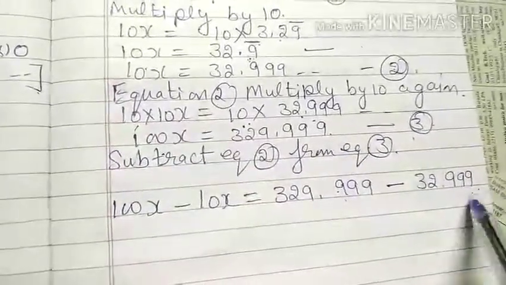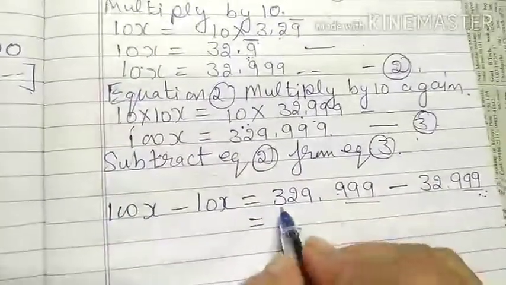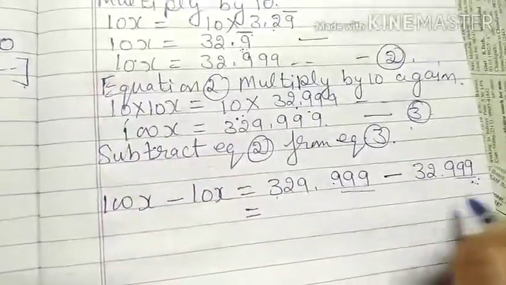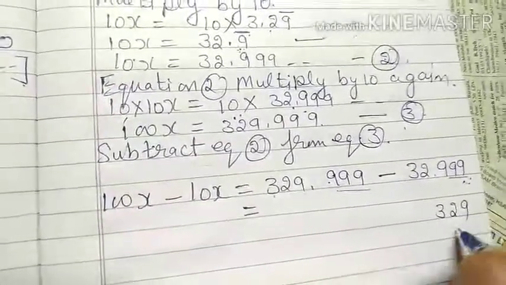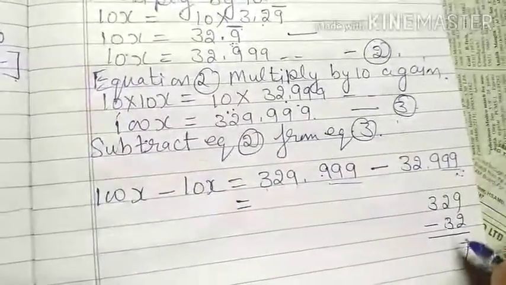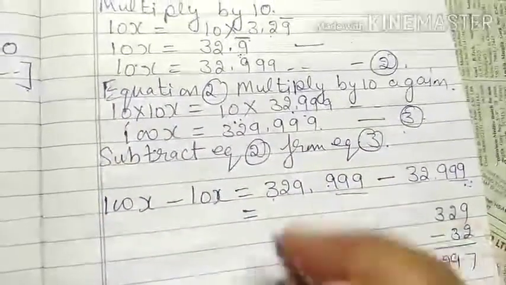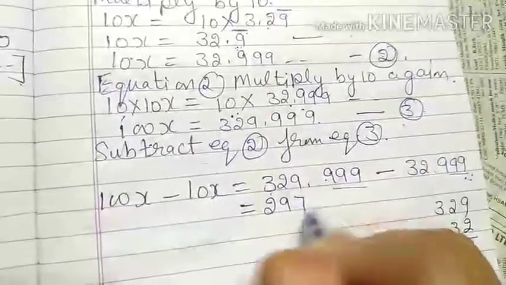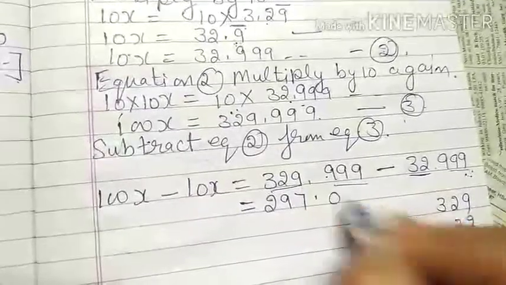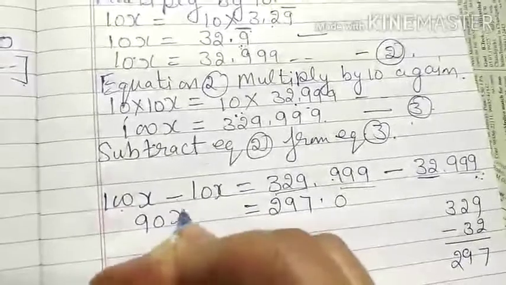If the decimal part is the same, when you subtract it, that part gives you 0. Only now you have to subtract 329 minus 32. Now when you subtract 329 and 32, what does it give you? 7, 9 and 2. So that gives you 297. So after subtraction, before the decimal gives me 297 and after the decimal gives me 0, and 100 minus 10 gives me 90x.